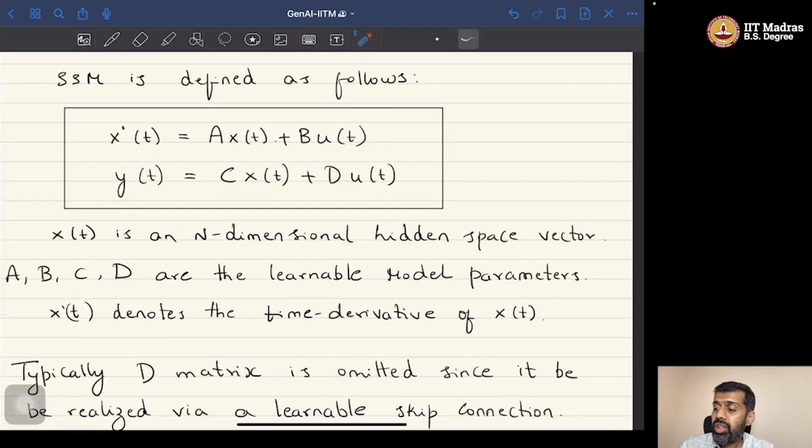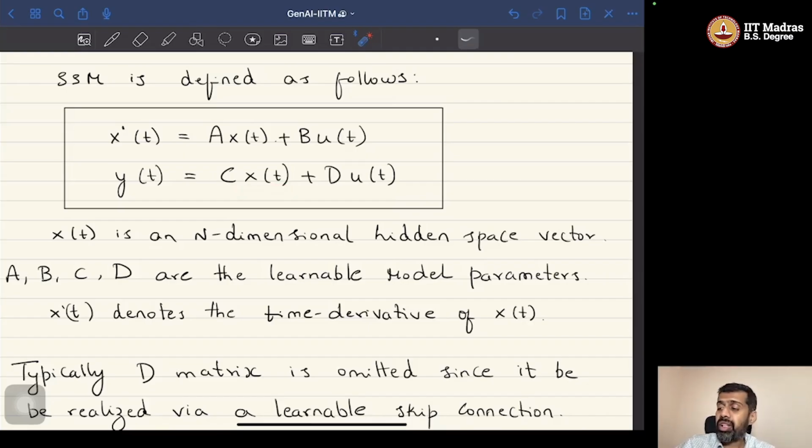ut. If ut is the input, all we are doing is taking the input and multiplying it with a matrix D, and that appears in the equation of the output, which is nothing but saying that there exists a skip connection from the input ut to the output yt without considering the intermediate state space xt.